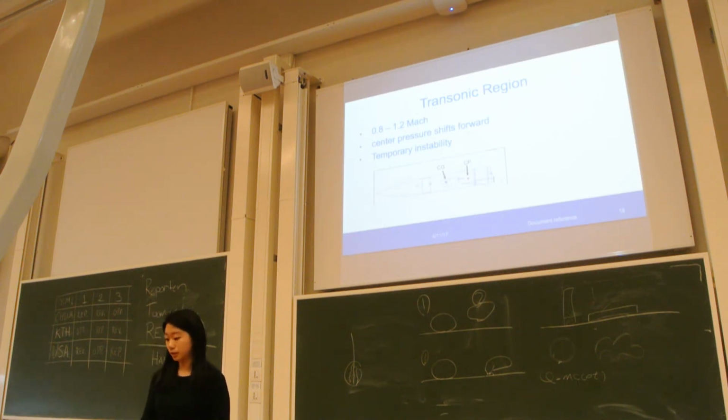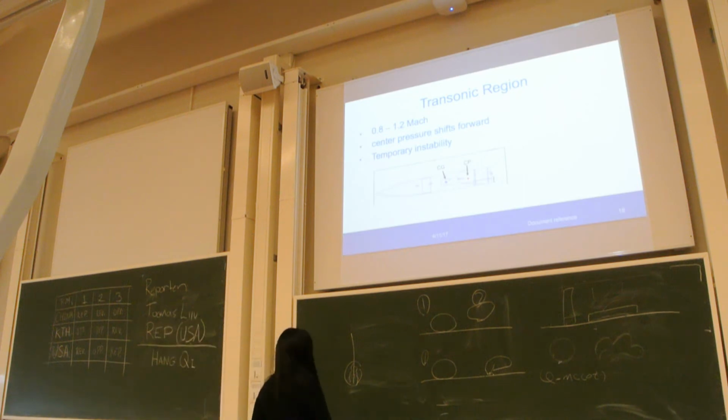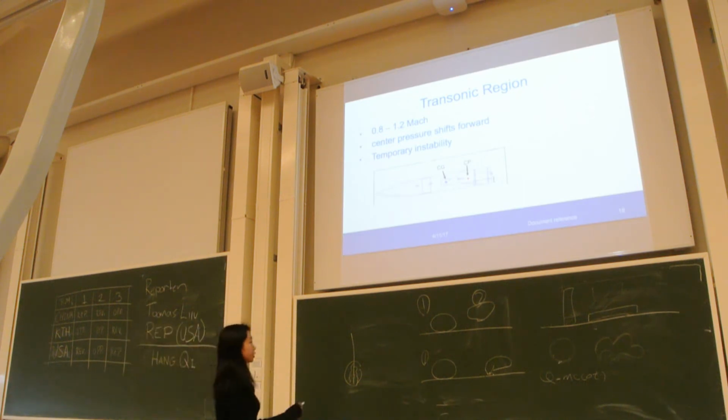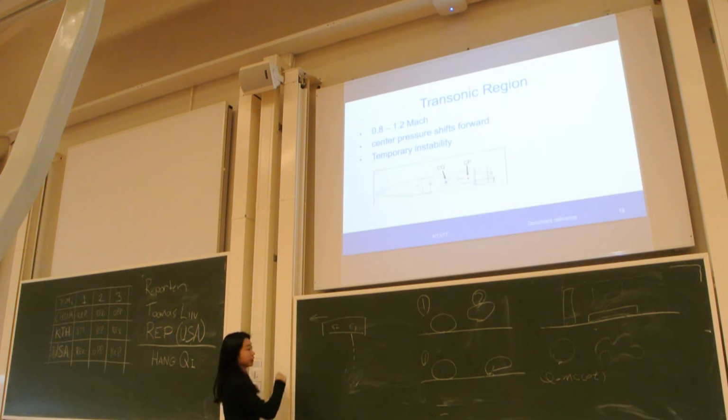During this part, one thing would change, that is the center of pressure would shift forward due to deceleration. So usually we have a bullet with its center of mass in front of the center of pressure, and it's moving in this direction. So this is the stable version.